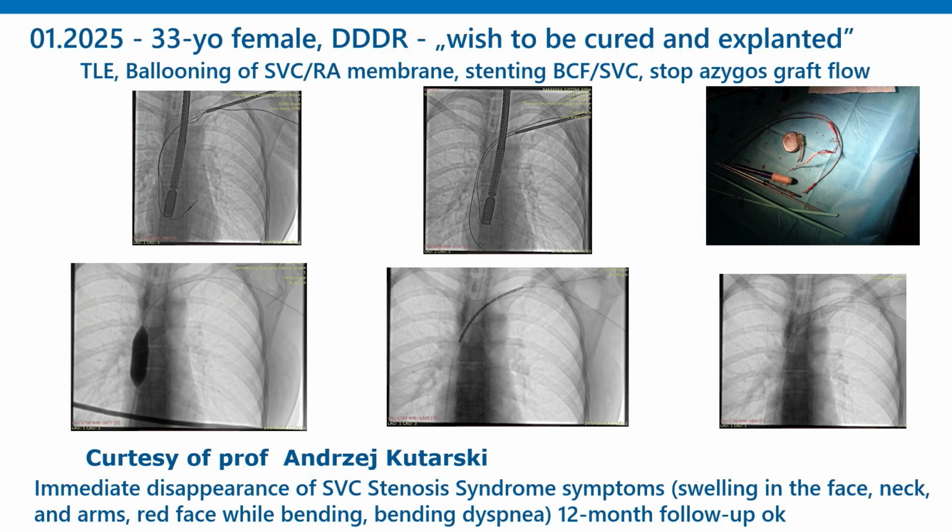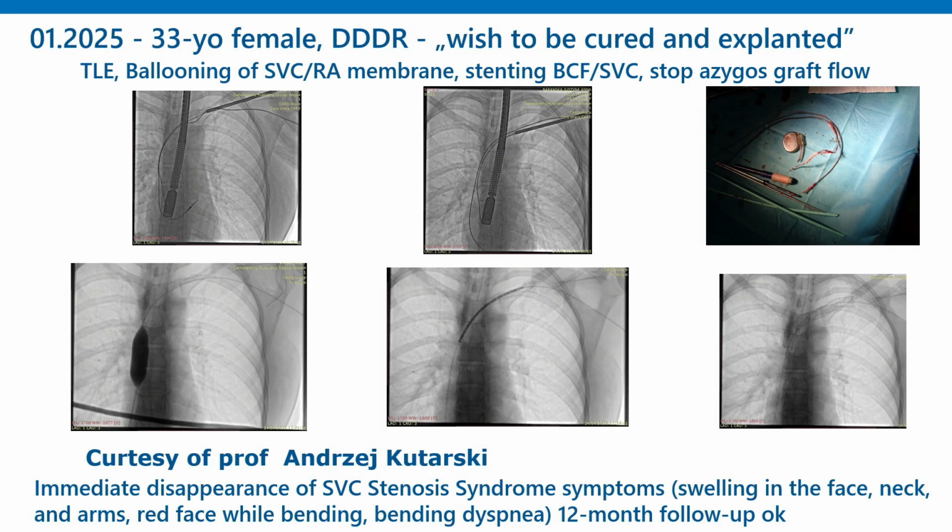The patient was then stented from brachiocephalic vein to subclavian vein, and after follow-up is okay, and the patient also lost swelling in the face and neck because it was borderline superior vena cava syndrome.